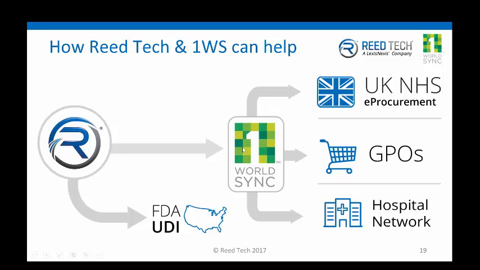Whether you're fulfilling the product data request to the NHS, or price data to the NHS eventually, or the U.S. GPOs and hospital networks, they would like this information for the same reasons the NHS wants it, so they can enable more efficient data flow into their computer systems for procurement, inventory, and supply chain information.